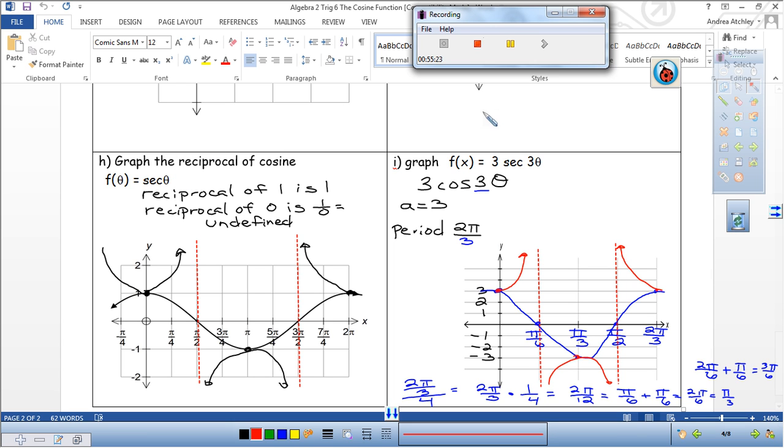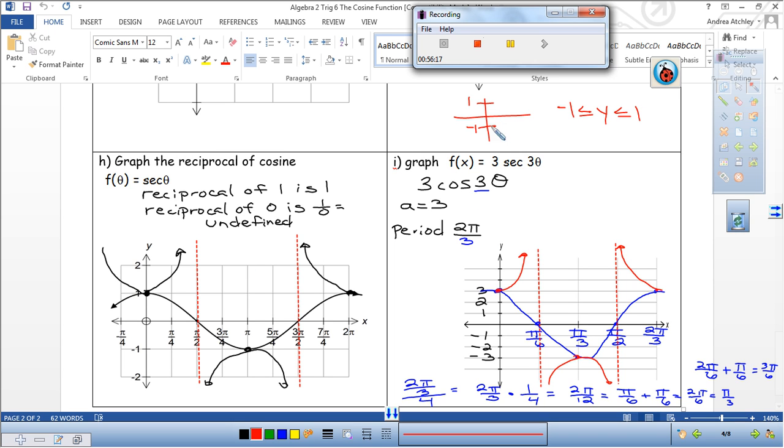So my graph is going to go up to 1 and down to negative 1, right? The y value is not going to go higher or lower. So my range is in between negative 1 and 1.